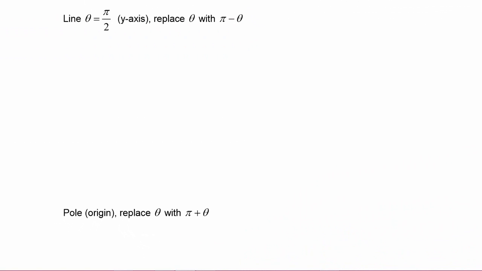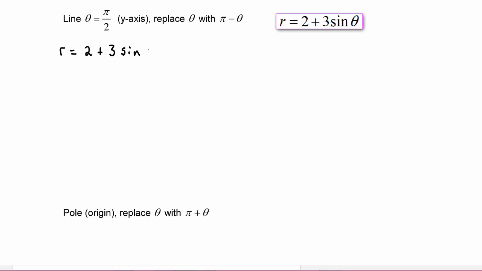Next, we will test for theta equals pi over 2 axis symmetry by replacing theta with pi minus theta in the original equation. So we get r is equal to 2 plus 3 times the sine of pi minus theta.